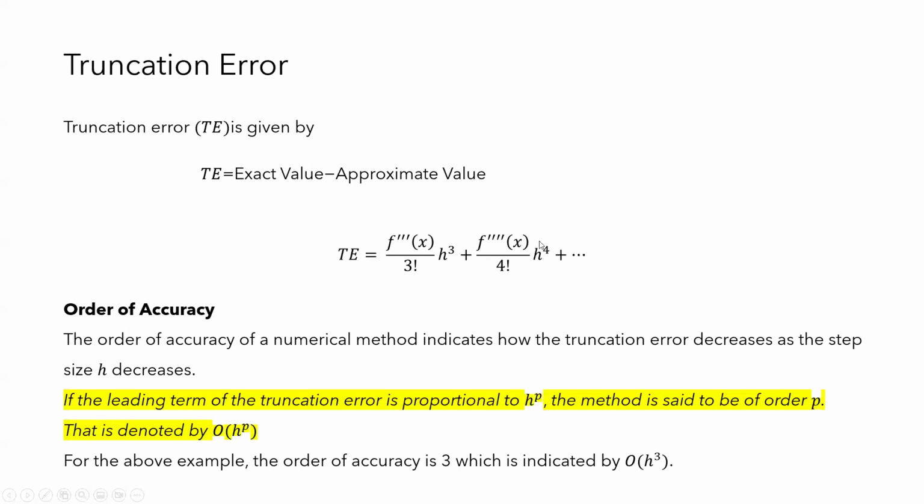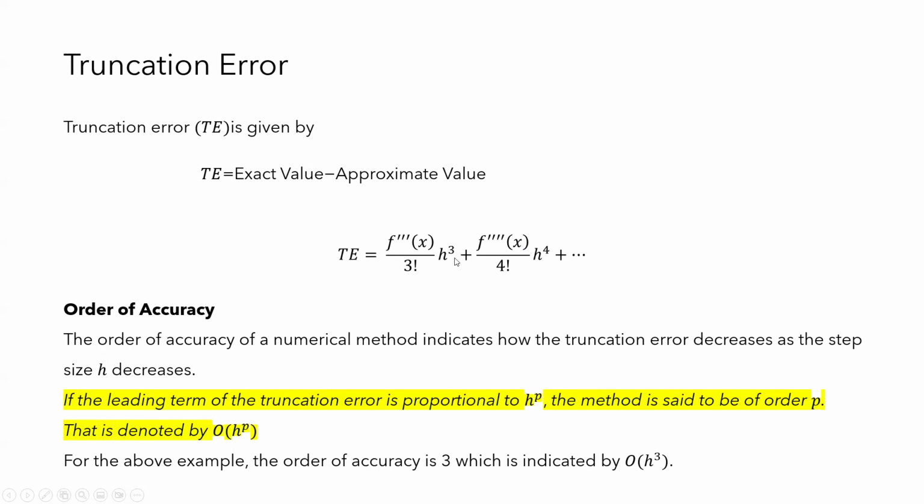So remember that h is a very small number, right? h can be 0.01. Since we are considering the power of h, when the power is increasing, these terms become negligible.